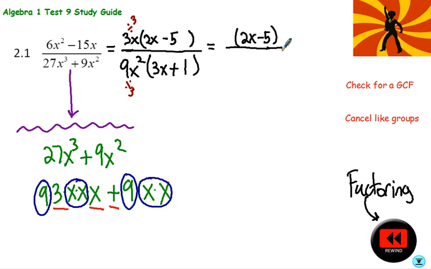And then on the bottom, 9 divided by 3 would be 3. And if you canceled an x from here, there would only be one x left over. So that's where we would get 3x. And then what's inside the parentheses would be left over, 3x plus 1.